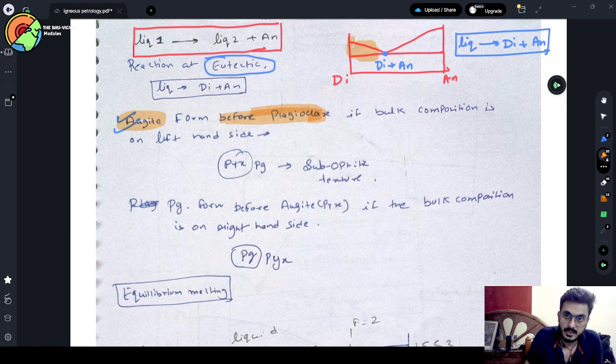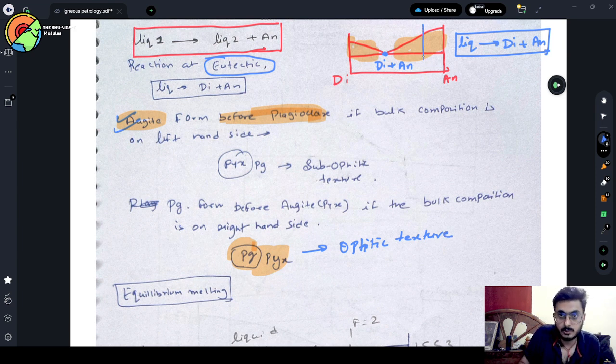If we are on the right hand side, meaning the plagioclase, that is anorthite, forms before the diopside, then we will get the texture known as ophitic texture. When the bulk composition is on this side, we'll get ophitic, and if the bulk composition is on this side, we'll get subophitic texture.